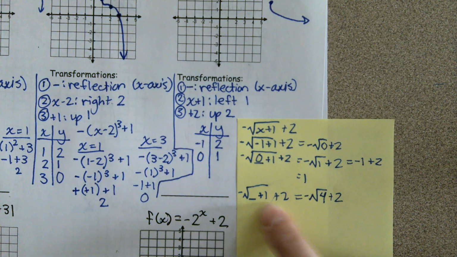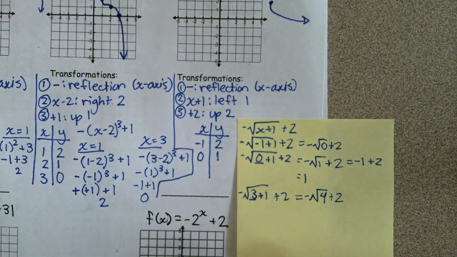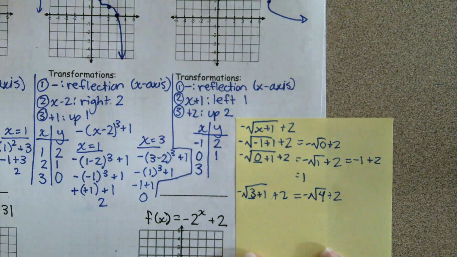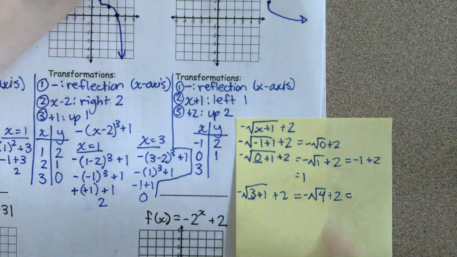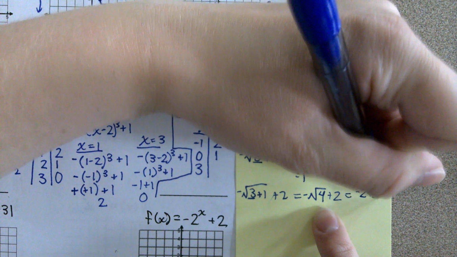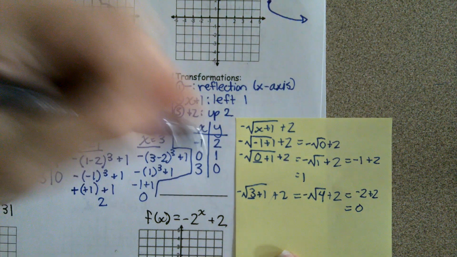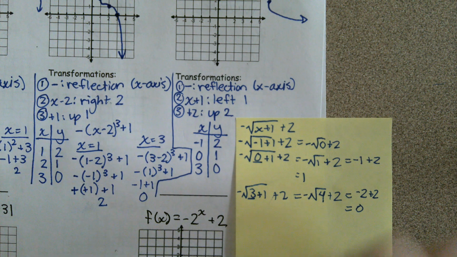So what number plus 1 gives me 4? 3. So x is going to be 3. So then negative square root of 4 is negative 2. So I have negative 2 plus 2, which is 0. And there you have it.